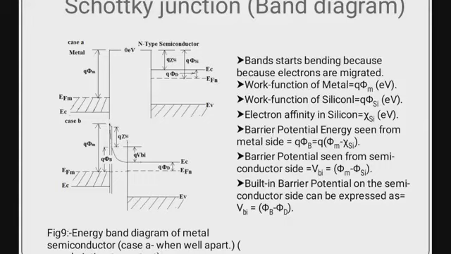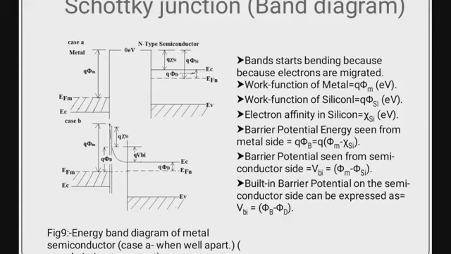For example, psi of m, this is called the work function of the metal, in electron volts. Similarly, in case of semiconductor, it will be phi of Si, which is called the work function of silicon.